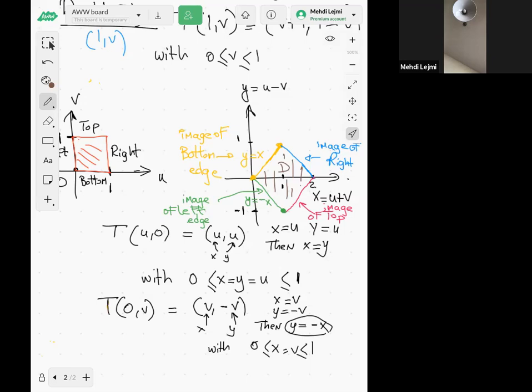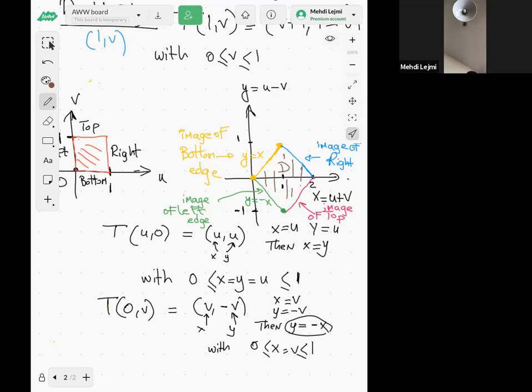But here it's not obvious exactly what would happen to the square, because each component involves both variables, so it's neither a shift or a stretching, right? So that's why I try to find the images of the edges to see exactly what will be the image, because this is less obvious than the previous examples.